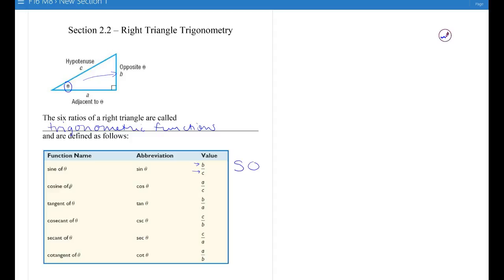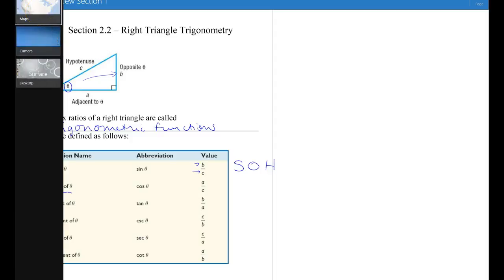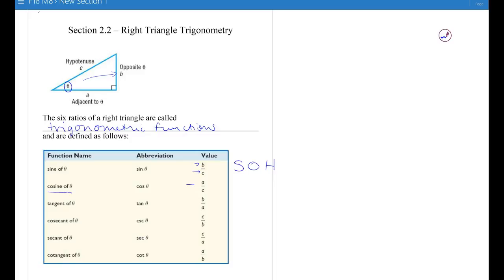So the sine is the opposite over the hypotenuse. A lot of people use a little abbreviation to help them remember this. Then the cosine is defined as the length of the adjacent side over the length of the hypotenuse.